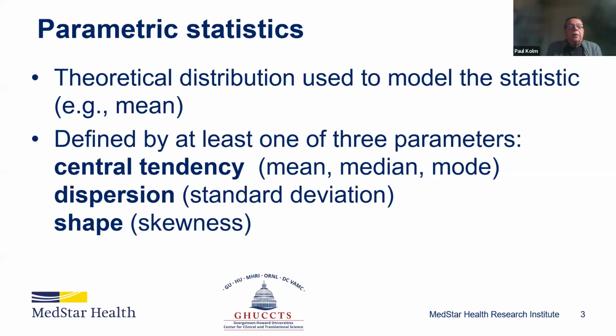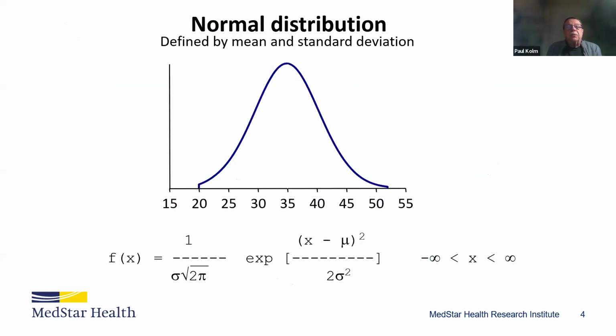All of the theoretical distributions that we'll look at here are defined by at least one of these, sometimes two. The most familiar one to everybody would be the normal distribution, defined by two parameters, the mean and the standard deviation. You can see that in the formula for the normal distribution.